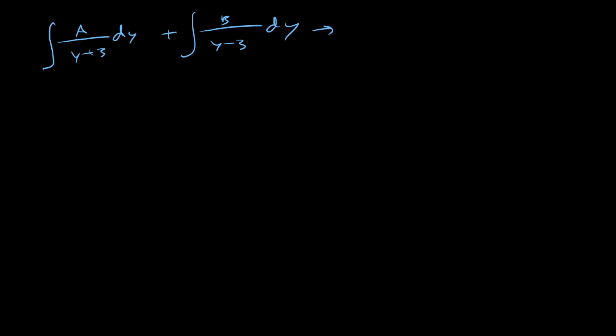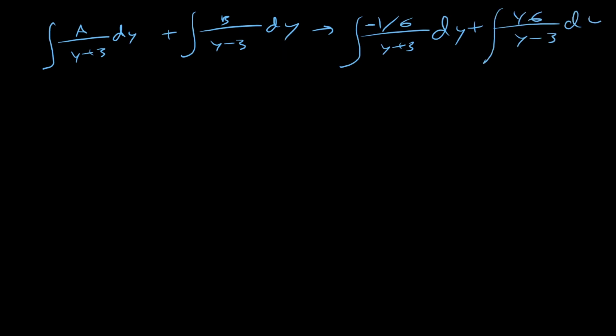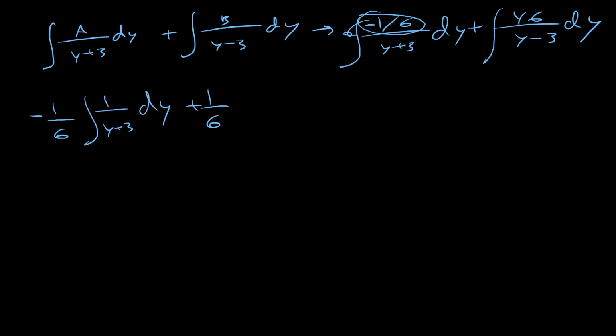Since we have the terms now, we know that a is minus 1 divided by 6, so y plus 3 dy, and then plus the other one, which is 1 divided by 6, y minus 3 dy. We can get this term to the front, so minus 1 divided by 6, 1 over y plus 3 dy, and then plus 1 divided by 6, and then 1 divided by y minus 3 dy.